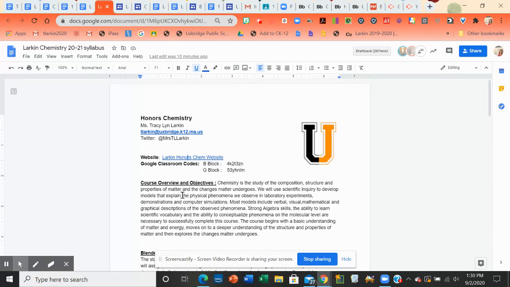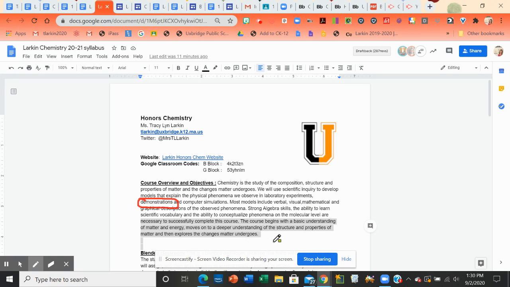The course overview and objectives. Chemistry is a study of the composition, structure, and properties of matter and the changes matter undergoes. We will use scientific inquiry to develop models that explain the physical phenomena we observe in laboratory experiments, demonstrations, and computer simulations. So we will probably be using a lot of demonstrations this year, depending on what is happening in the world and our situation.